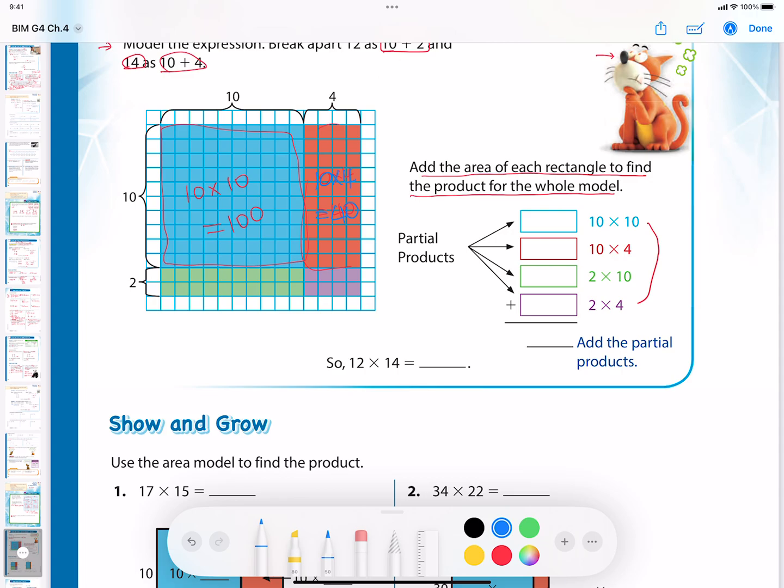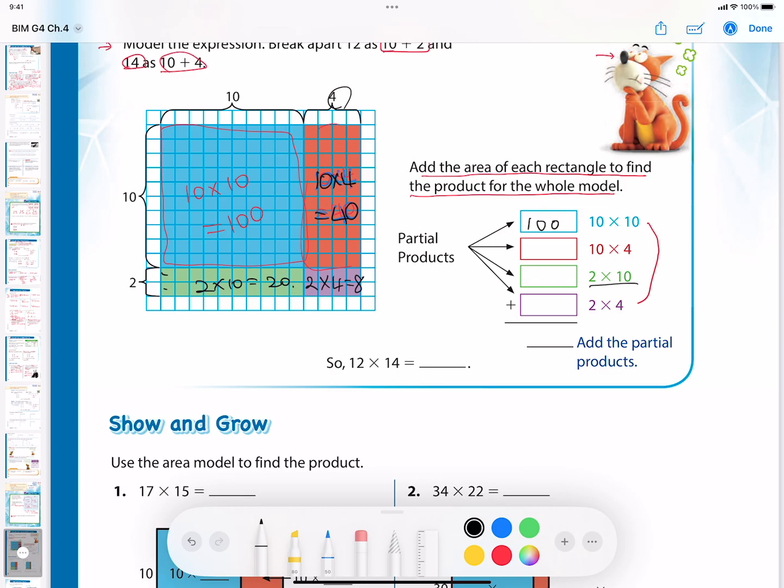Still not visible. Oh yeah, that's better. 10 times 4, right? And then this green area, 2 times 10, because this is 2 rows of 10. So 2 times 10 is what? 20. And still 2 rows of 4 is 8.